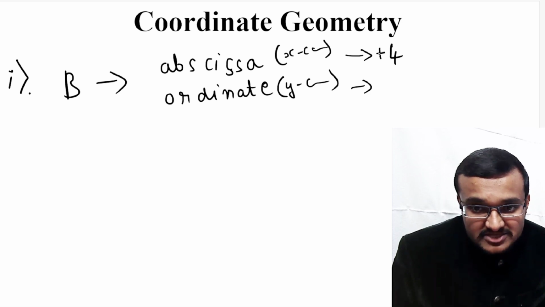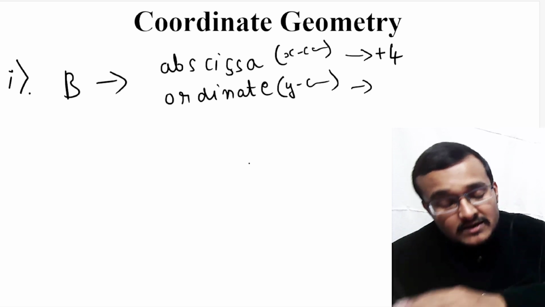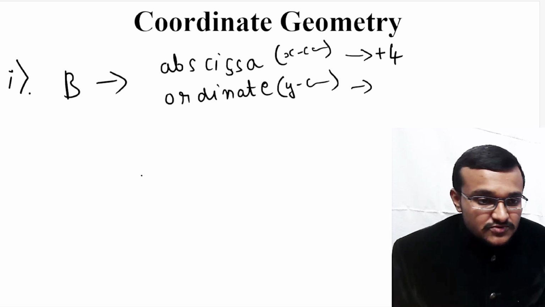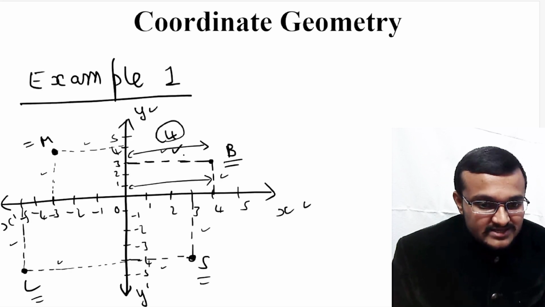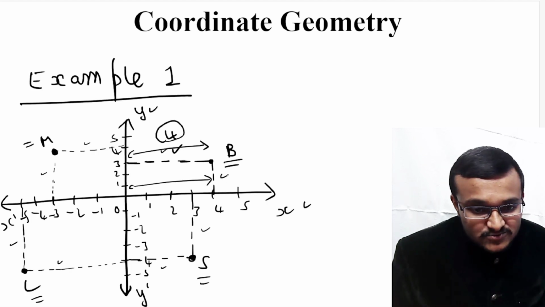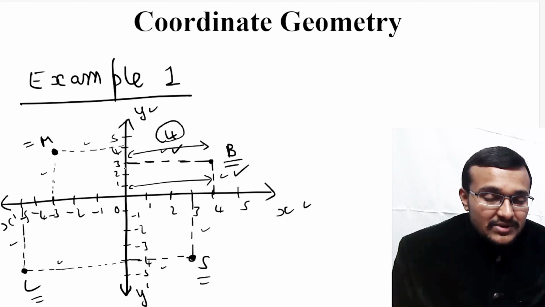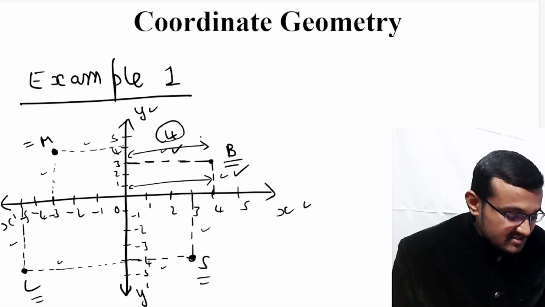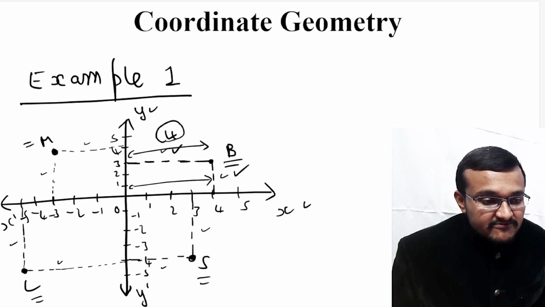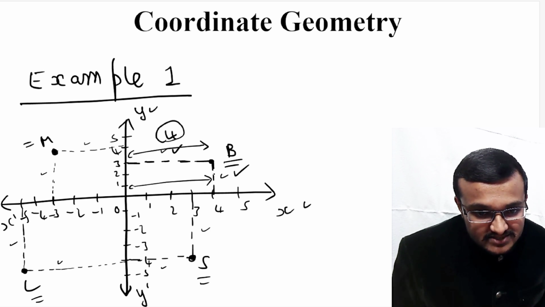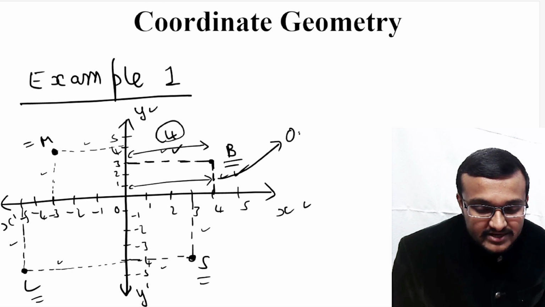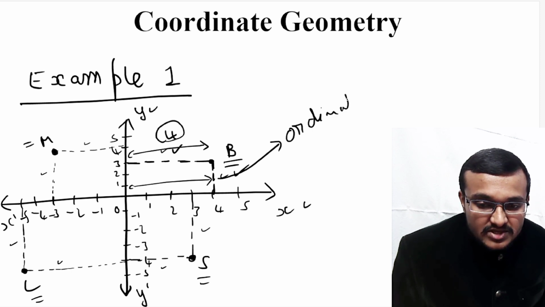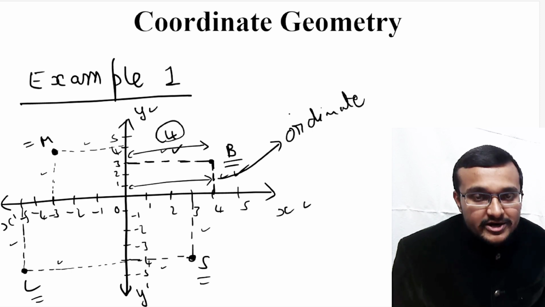Here you have to specifically mention plus 4, because it is on the plus x-axis. This x coordinate is parallel to the plus x-axis and the y coordinate is parallel to the plus y-axis, so for point B both will be plus and plus. Now we have to identify the ordinate. This is the ordinate for B, which is nothing but the y coordinate.